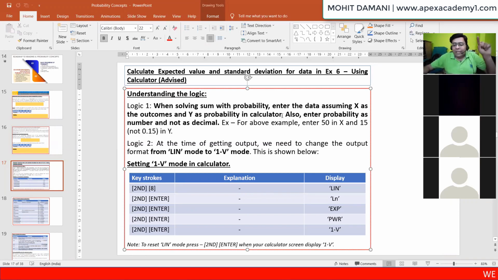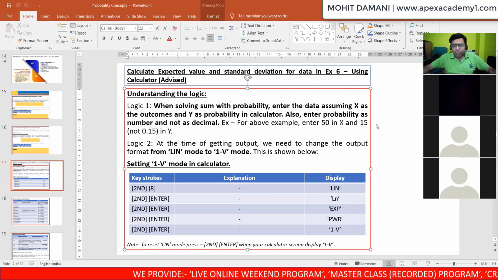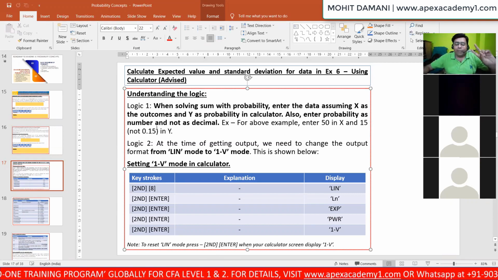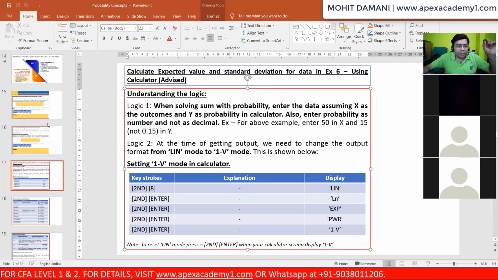Second, you will always enter probability as a number and not as a decimal. So if probability is 15%, you will enter 15 and not 0.15.